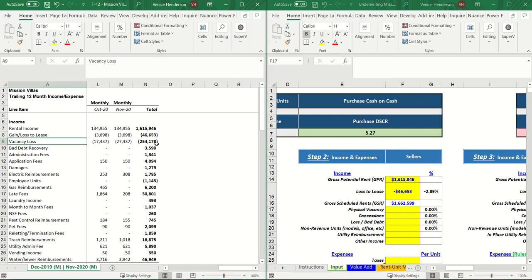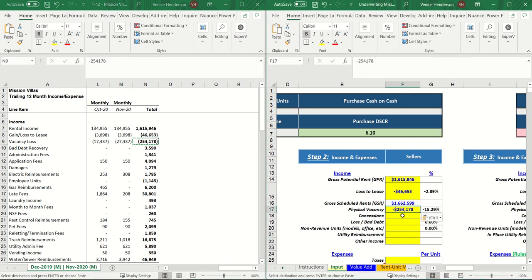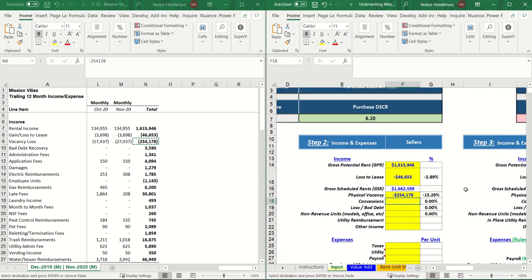So yes, this has to be that number. I'm going to go ahead and copy that. That is extremely high. Yikes. I'm going to paste it as a value. That's at 15%.